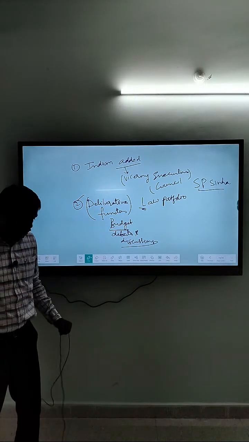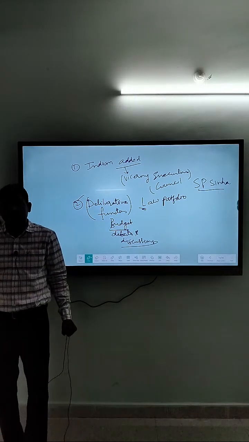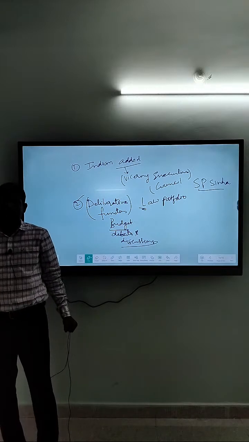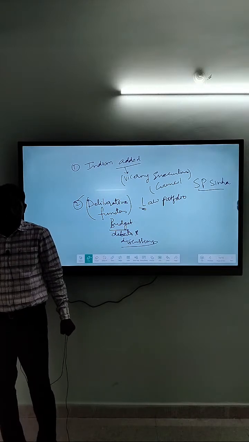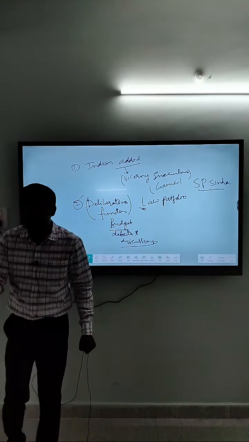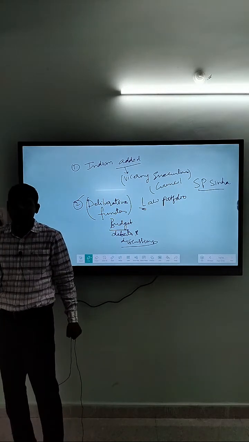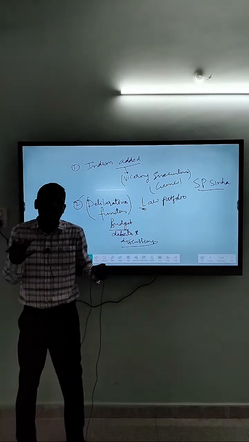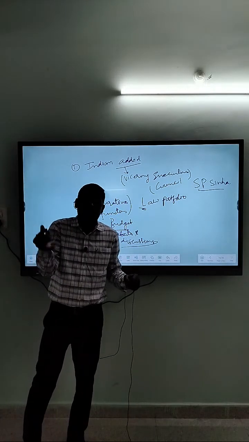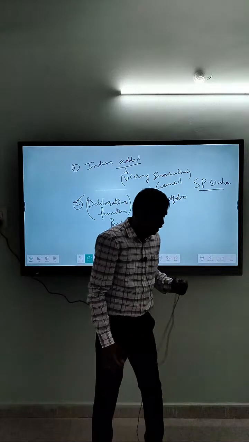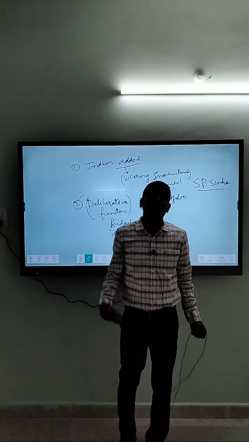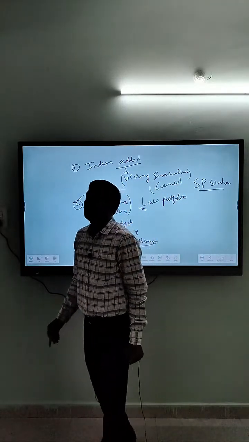Even today we have the same kind of thing. Today every law is passed in the parliament only after debate and voting, right? I'll ask one question: imagine there was a debate on the budget and the government failed to secure the majority on the budget.